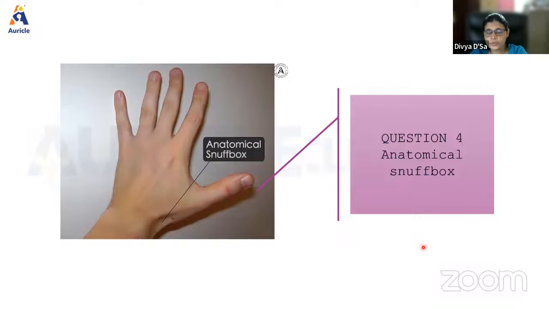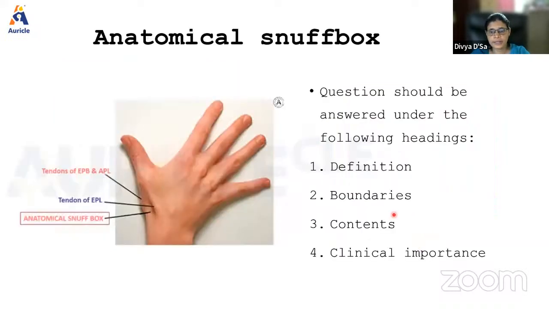Next, we move on to the anatomical snuff box. What do we mean by that? And the boundaries, contents, and clinical importance. So what is this anatomical snuff box?